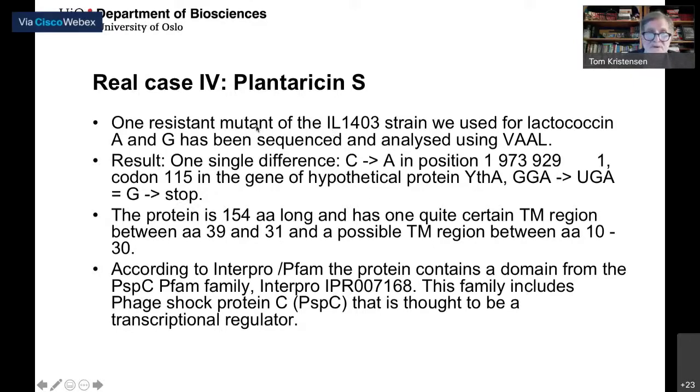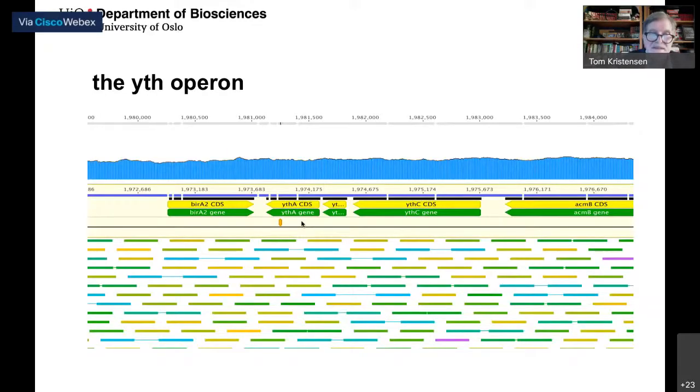And what we found for this resistant mutant was one single difference, a C to A mutation in a codon in a gene for a hypothetical protein called YTHA. And this mutation led to a stop codon, so it would lead to a truncated protein. And the truncation would lead to the removal of a cytoplasmic tail in the protein.